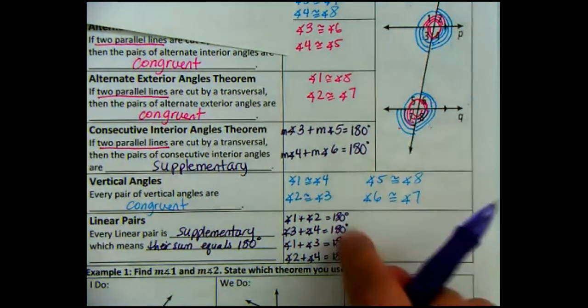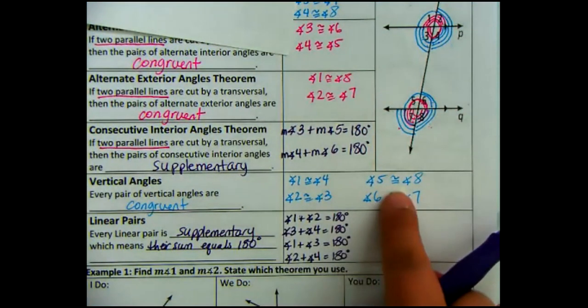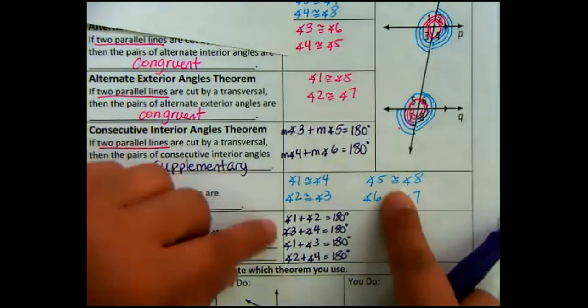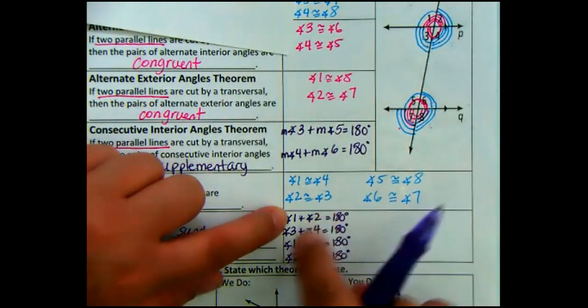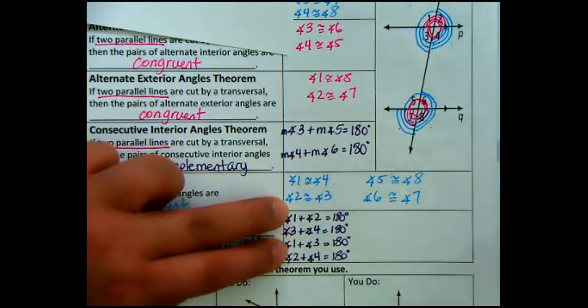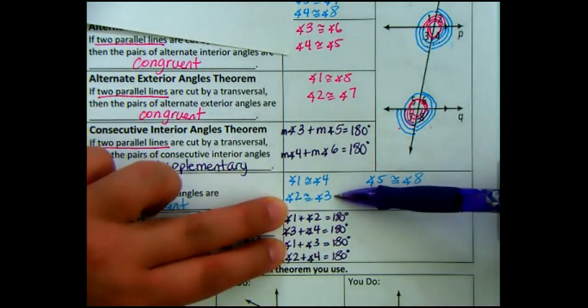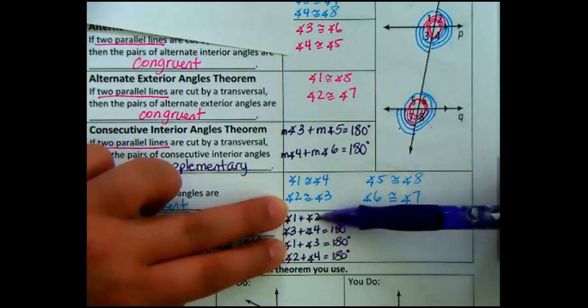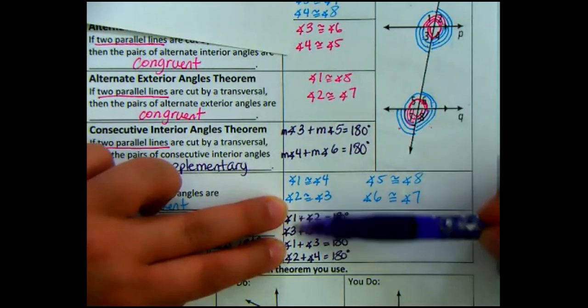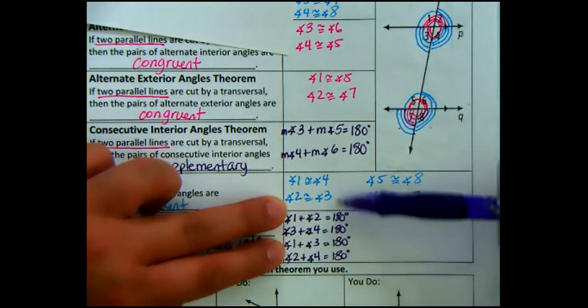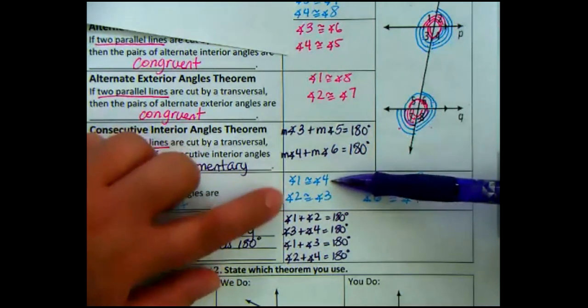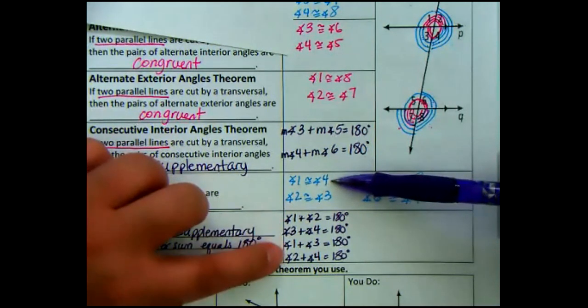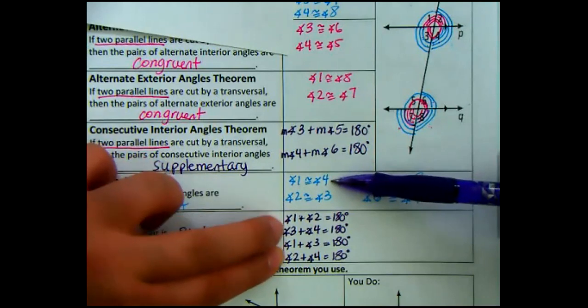Okay. This goes hand in hand with our vertical angles. Because look at this. Angle 1 plus angle 2, angle 1 plus angle 3. And we said that angle 2 and angle 3 are equal to each other here, right? So by vertical angles, angle 2 and angle 3 are equal to each other. So we're really adding the same measurement to angle 1 here. And then similarly over here with angle 1 and angle 4. Because I have angle 2 plus angle 4, and then I have angle 3 plus angle 4.